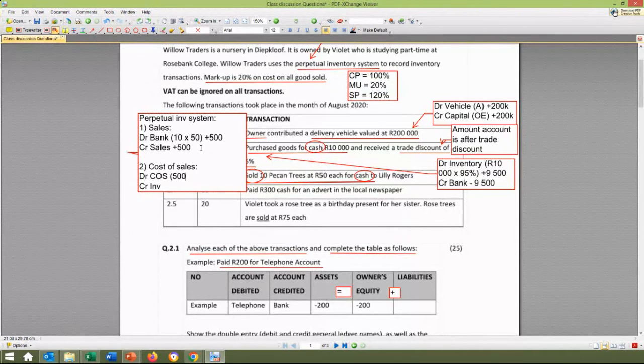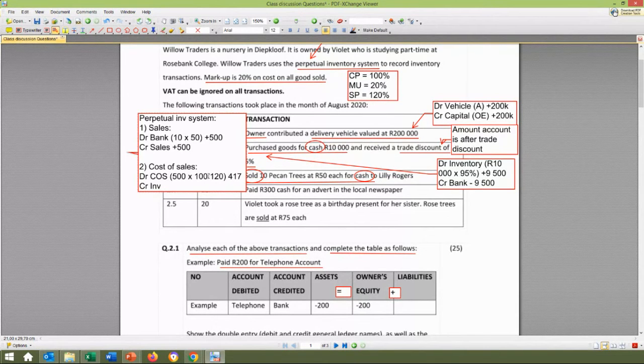So it will be the 500 Rand multiplied with the 100. So I want the cost before my profit margin over 120. Okay. Now if you multiply the 500 times 100 over 120, you get 417 Rand.